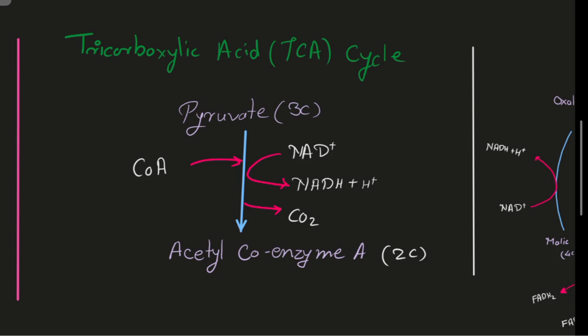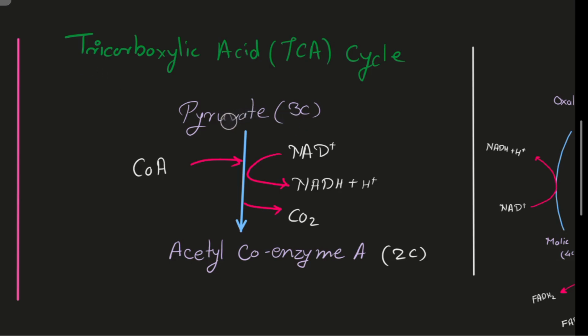Moving forward to the Krebs reaction or tricarboxylic acid cycle. The tricarboxylic acid cycle or Krebs cycle was proposed by Hans Krebs in 1937. The Krebs cycle operates in the mitochondrial matrix because it contains a complex mixture of various respiratory enzymes.